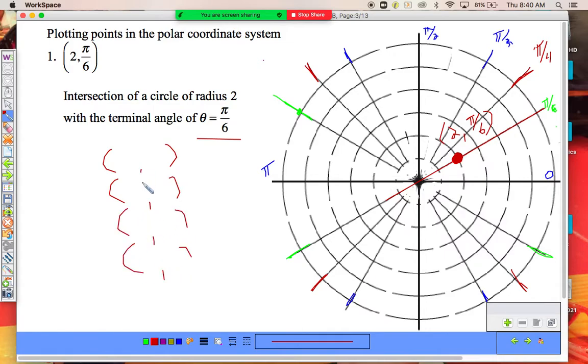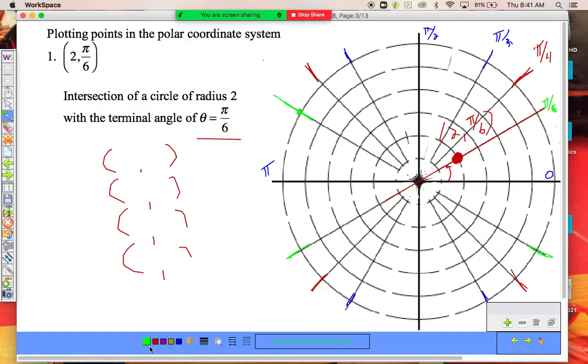All right, so what I want to do is find an angle and a distance that'll put me at the exact same place as this red dot. So the first time we did it, we rotated pi over 6 and went out 2 units.